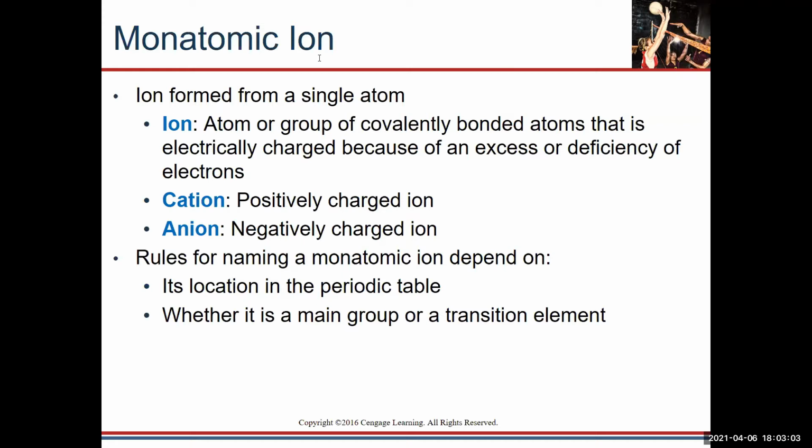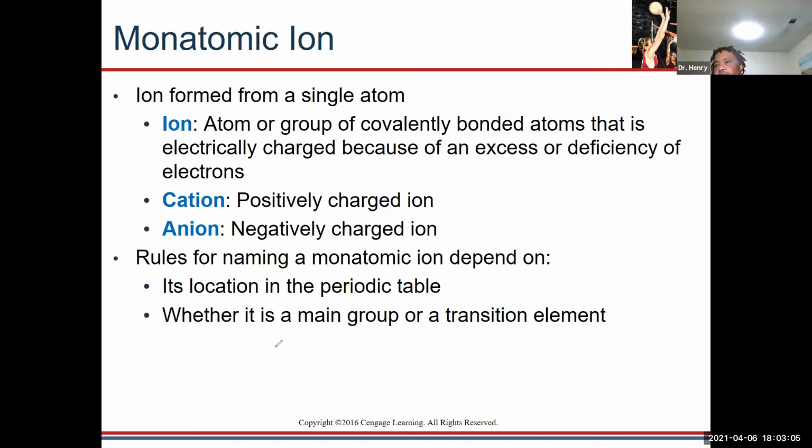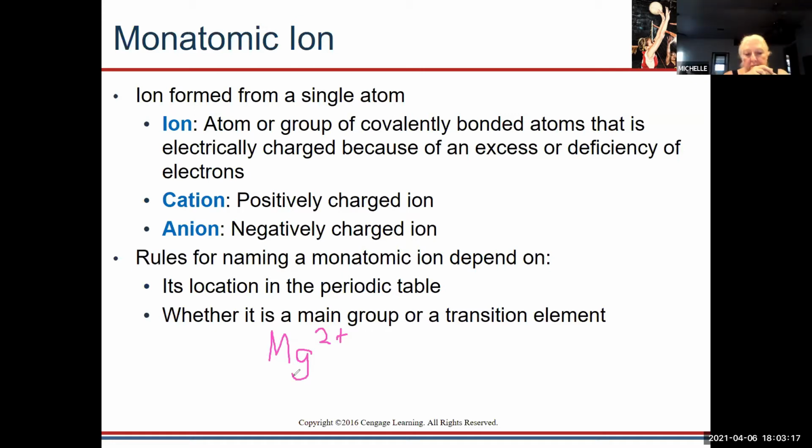So for instance, let's say magnesium 2+. Is this a cation or an anion? It's a cation, because it's positively charged. And then let's say we have the phosphide anion.